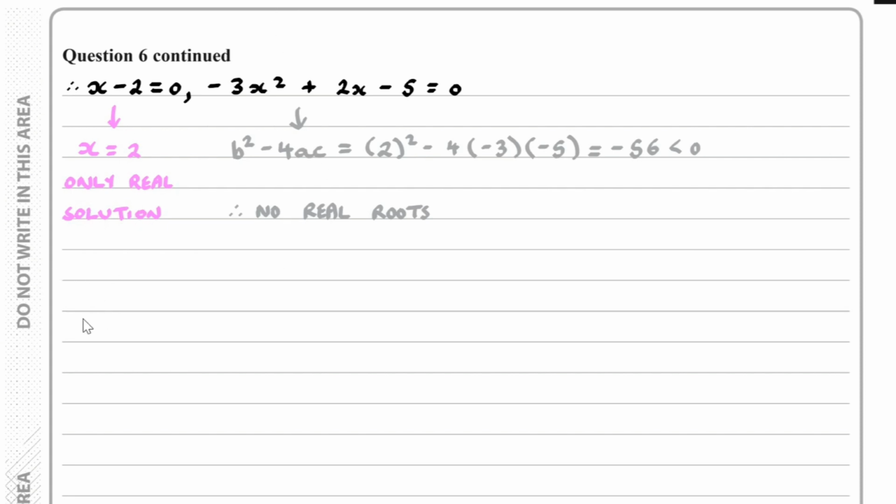And if x equals 2 is our only real solution, and we know that x is equal to y squared, we can then say, as x equals y squared is equal to 2, and so therefore y is equal to plus minus square root 2.